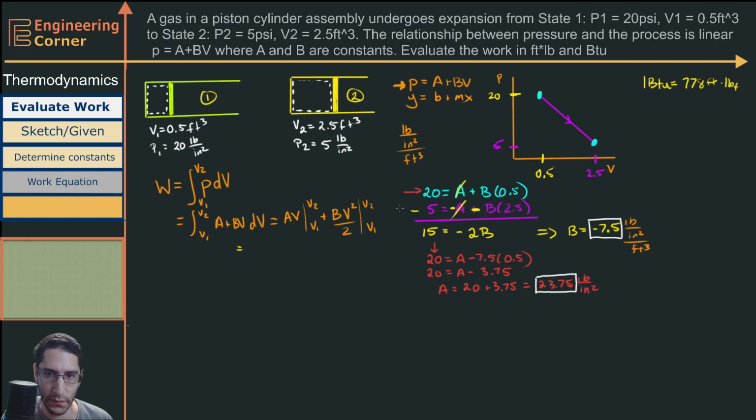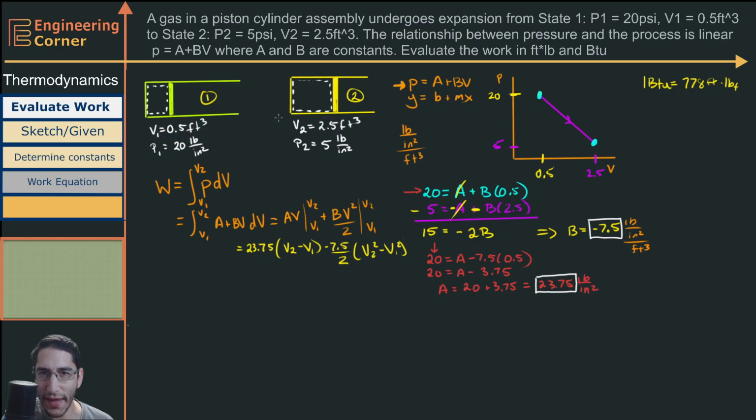So I'm going to say this is equal to 23.75 times (V2 minus V1), plus minus 7.5 over 2 times (V2 squared minus V1 squared). This is the equation I can solve, where I then put in V1 and V2, and I'll get my final answer.